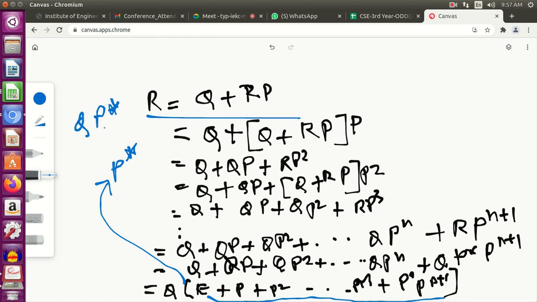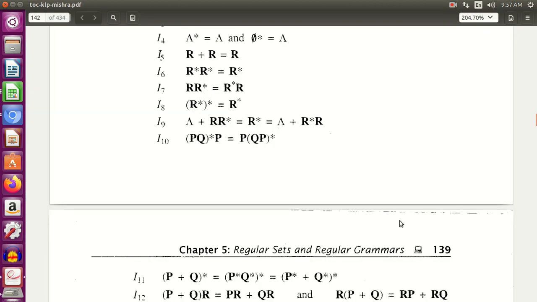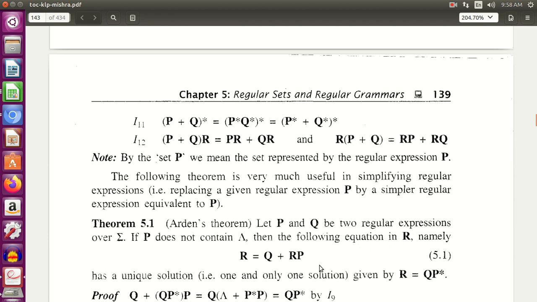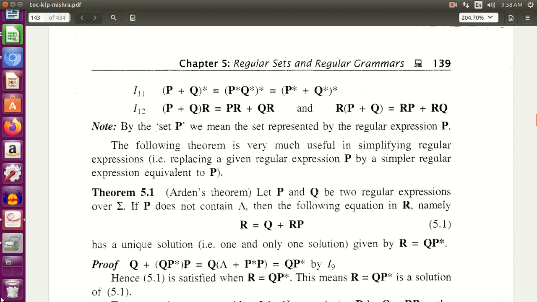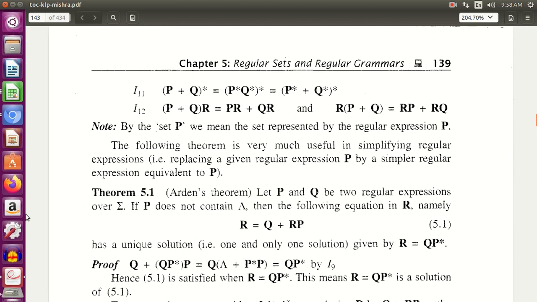Now finally, we can say that qp star is the unique solution. So first we have proved that it is one of the solutions, and next we have proved that this is the only solution that we can have for R. The value is QP star, that is the assumption with which we had started. So this was the proof for Arden's theorem.